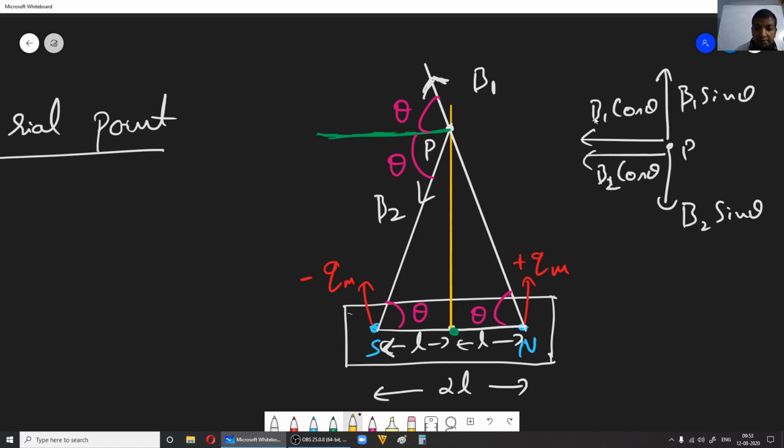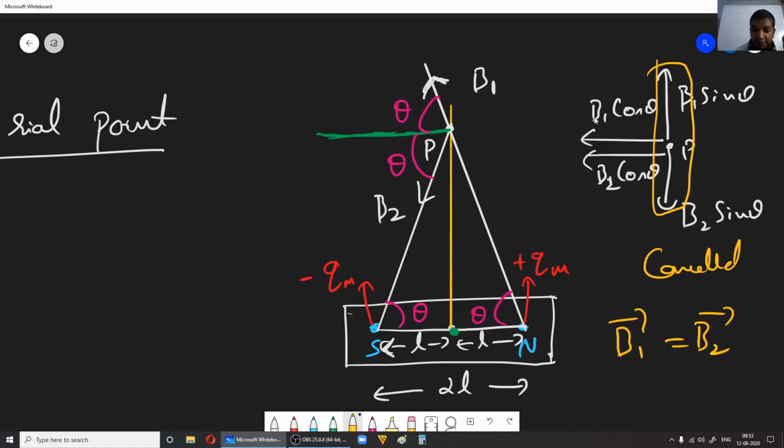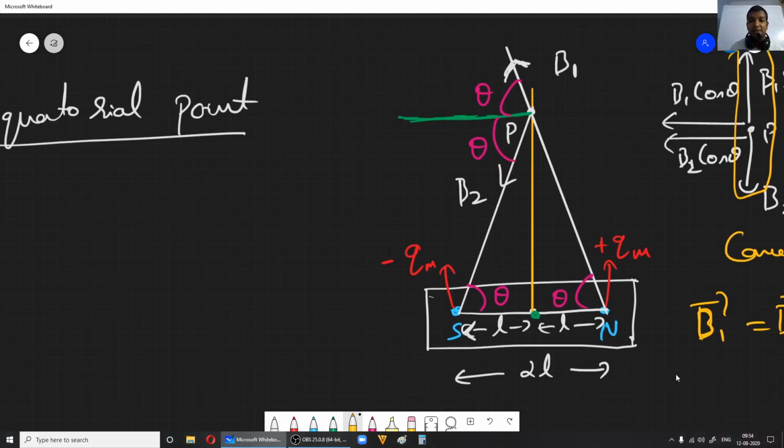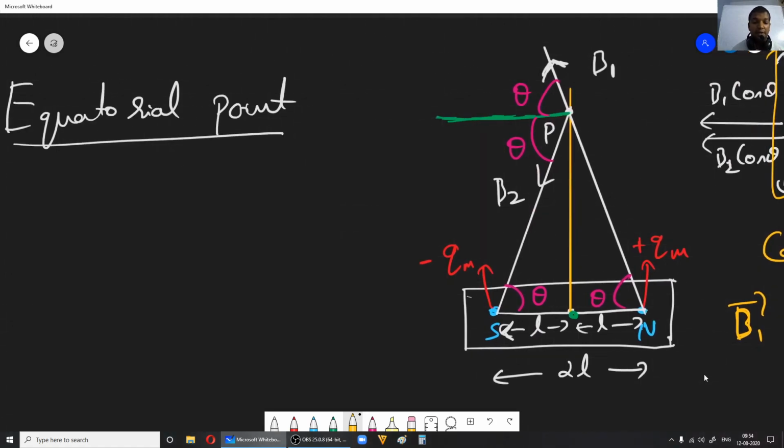So B1 sine theta and B2 sine theta will get cancelled. The reason is the magnitude of B1 is equal to the magnitude of B2, because the distance from P to North Pole and from P to South Pole is the same. So effectively you will be getting 2B.